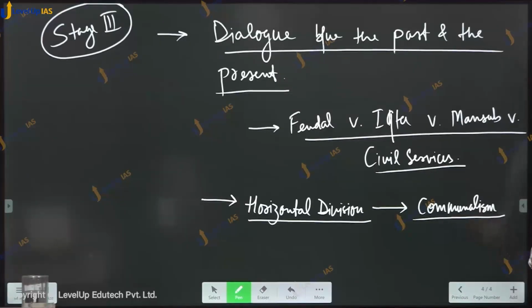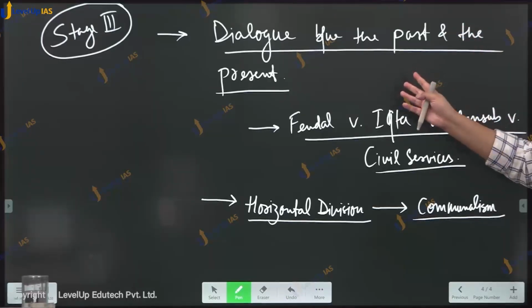And उसके क्या effects हुए. So that is one thing that we are going to do at the same time.